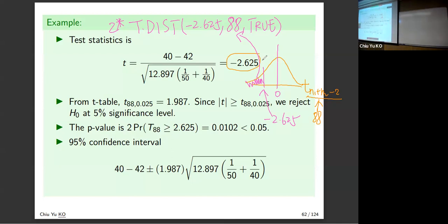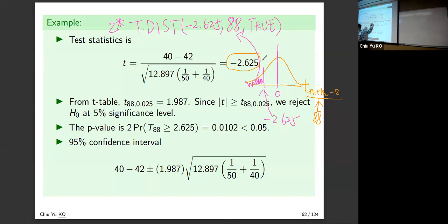So lastly, before the break, I want to mention estimation in a two-sample problem. For estimation, you can also do the same: you take the numerator, plus and minus the critical value times the denominator. How do we figure this out?